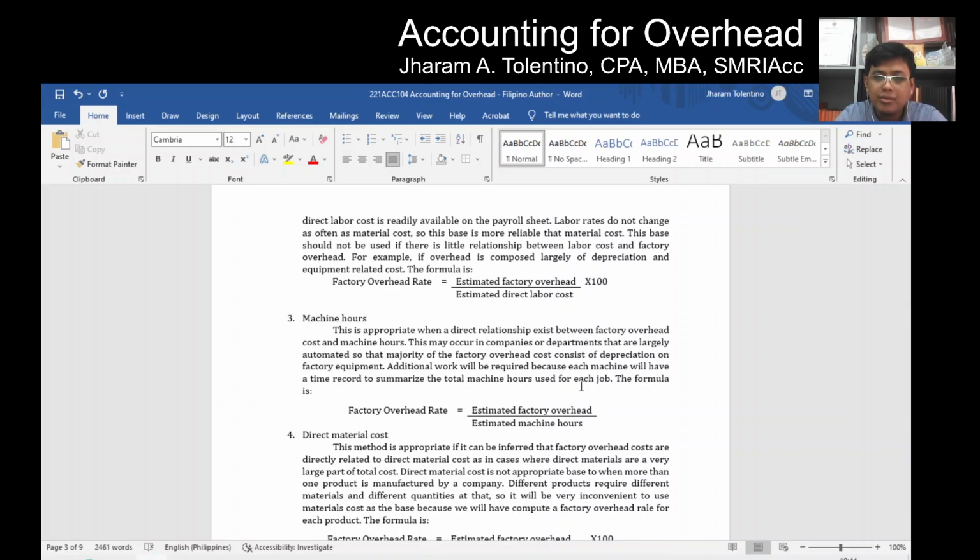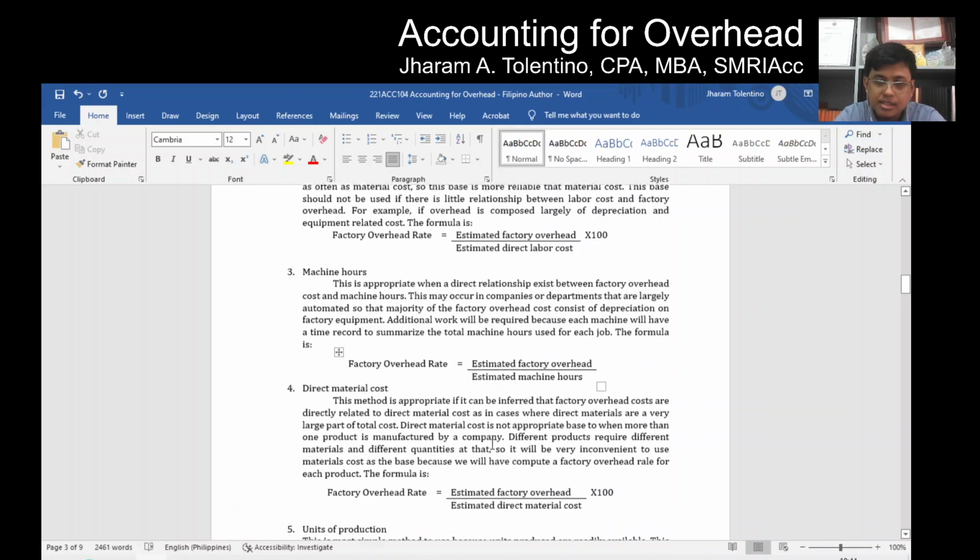So the additional work will be required because each machine will have a time record to summarize the total machine hours used for each job. So the formula is factory overhead rate is equal to estimated factory overhead cost divided by estimated machine hours. Ang makukompute mo dito is peso of factory overhead per machine hour.